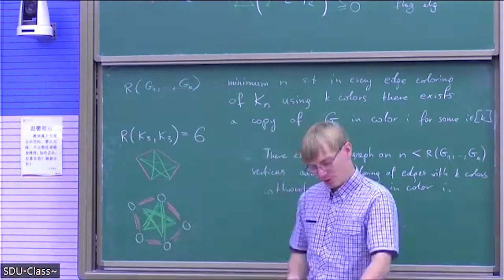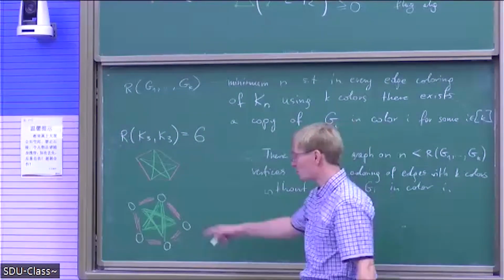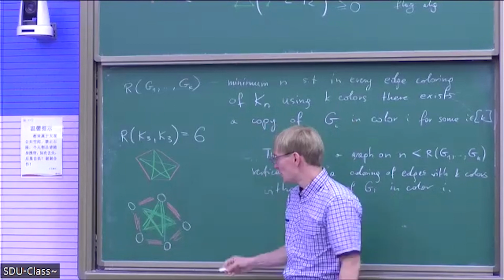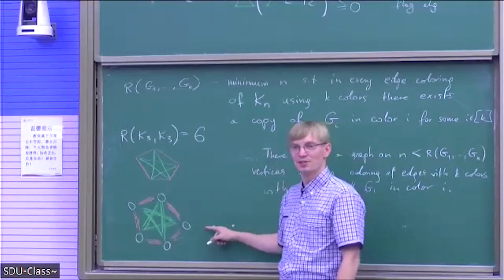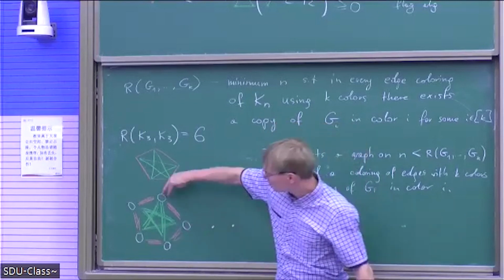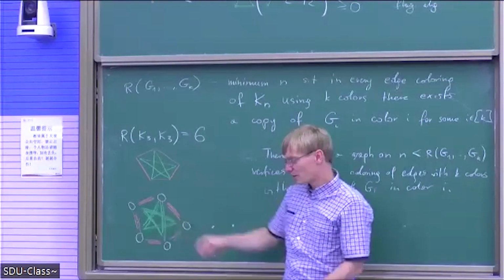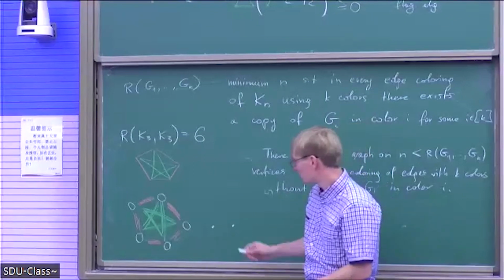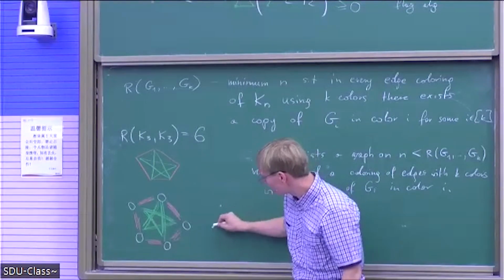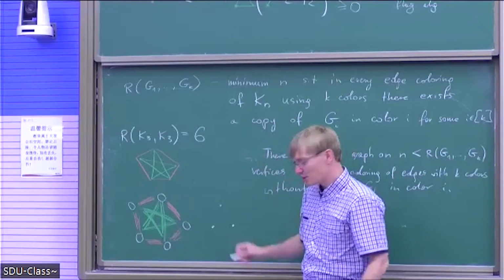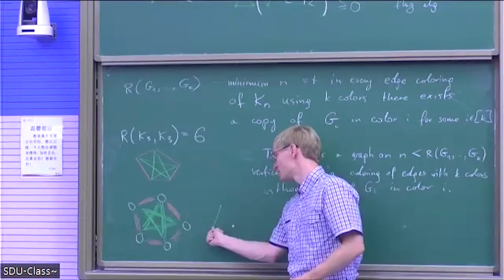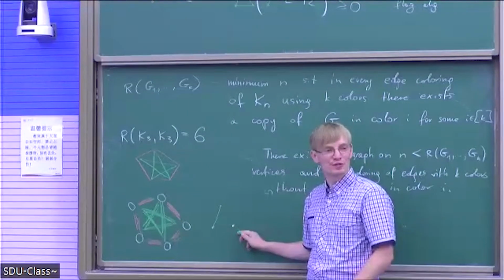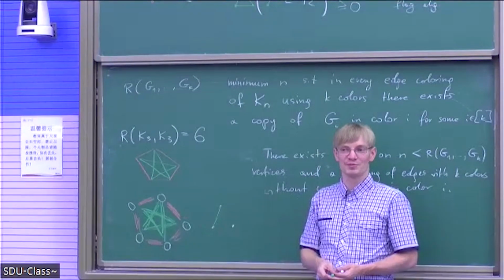Since it's a blow-up of a complete graph, if you take any two vertices which are not connected, they should be from the same block, and it's not possible that any third vertex is connected to one of them but not connected to the other. So this cannot be found in such a sequence of blow-ups.